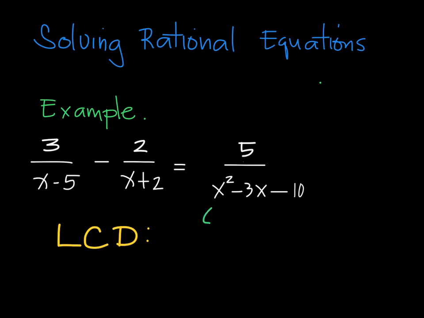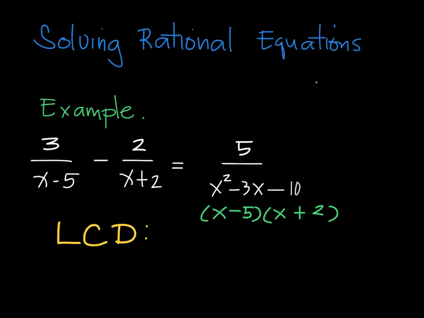If we check the factors, that's an x and an x, and for the 10, that's a 5 and a 2, so x minus 5 and x plus 2. As you can see, which is common to rational equations, the quadratic expression is actually the product of the other two linear expressions.